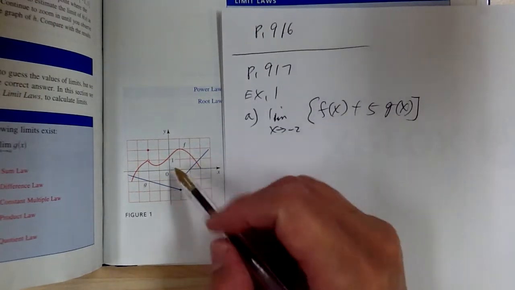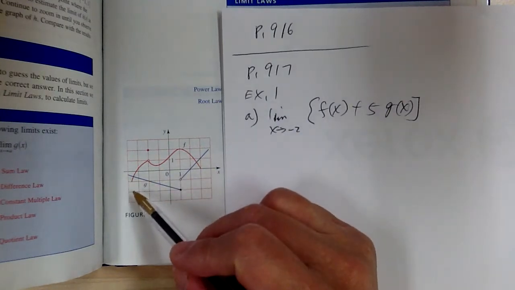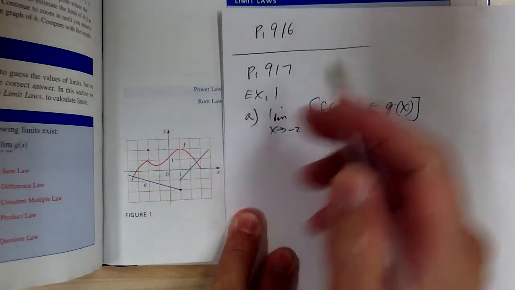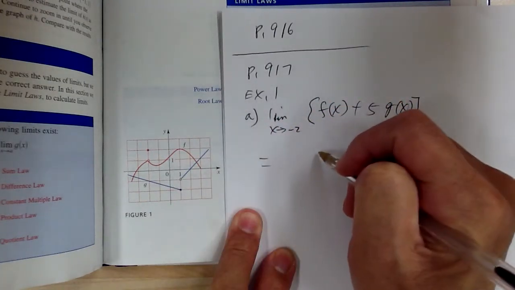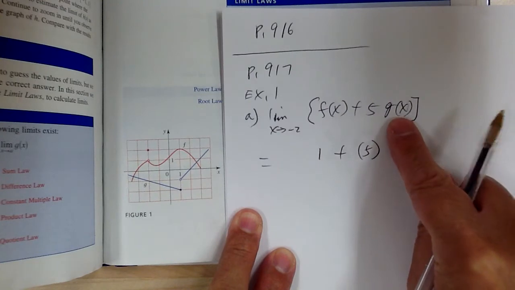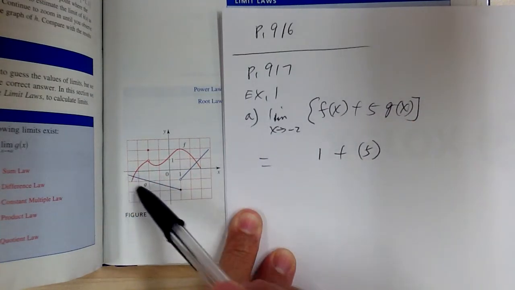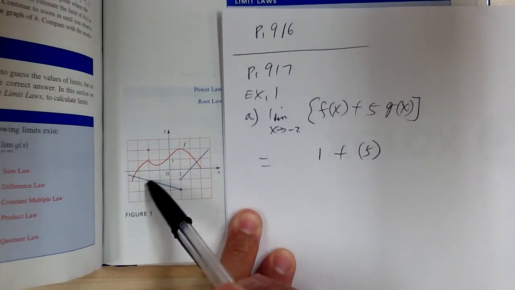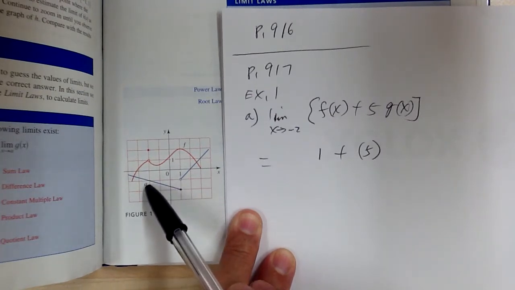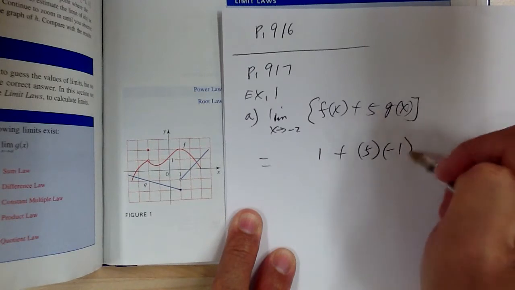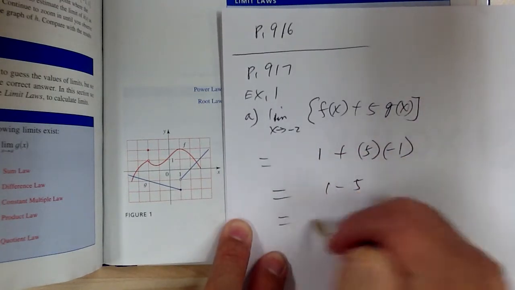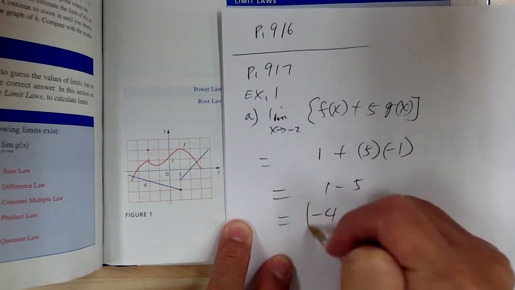The f of x is the red one. As x approaches -2, the y approaches 1. So this is going to equal 1 plus 5 times g of x. Now g of x is the blue one. As x approaches -2, the y approaches -1. So this is going to equal 1 minus 5, which is -4. Okay.